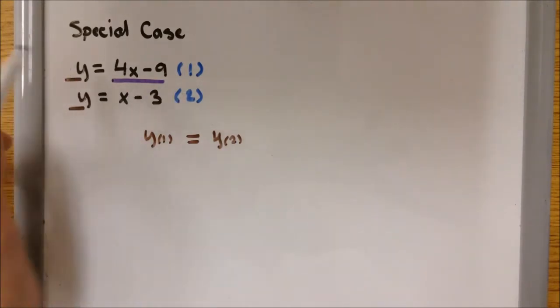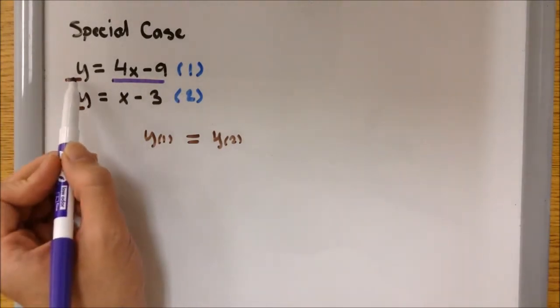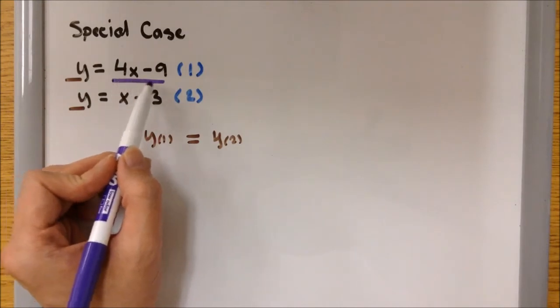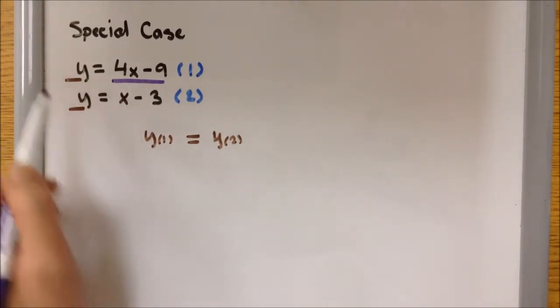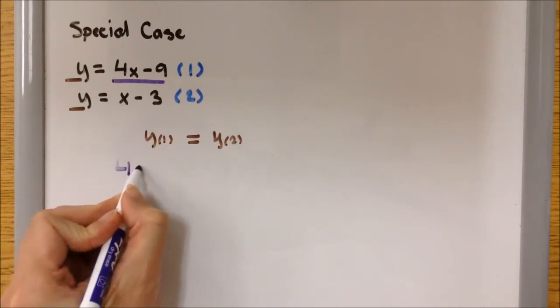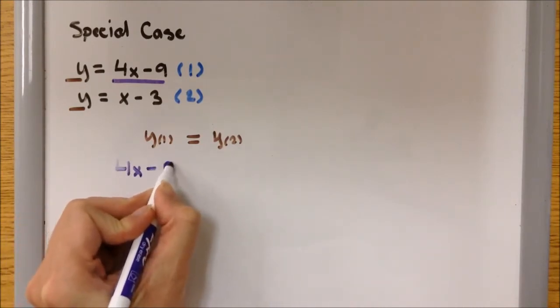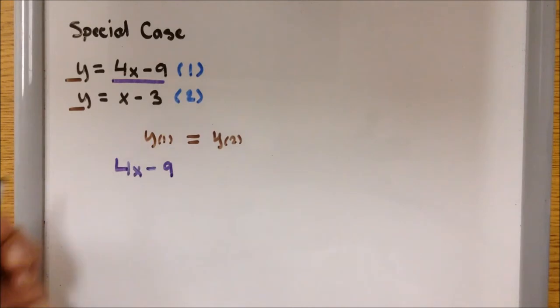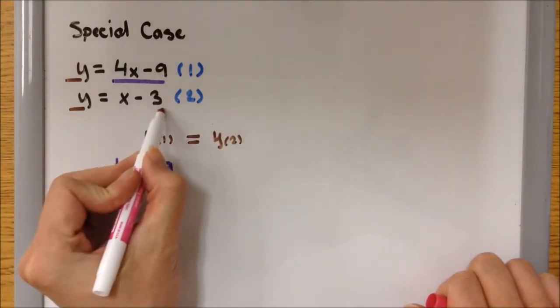So for y1, since y equals 4x minus 9, y1 is equal to 4x minus 9. And then y2, the second equation, is this.